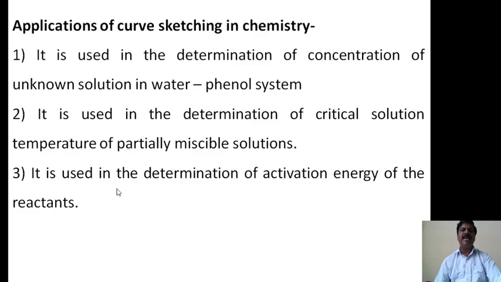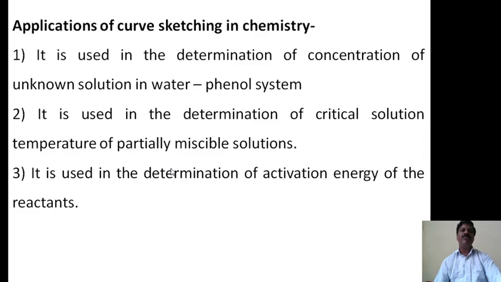The third one is the determination of the energy of activation of a reactant. For the energy of activation we will get a curve like this. This is the barrier for A plus B. A barrier should be present between the reactant and product. The product always has lower energy than the reactant. There is a hump of the barrier, which the reactant has to cross, and the height of the barrier is called the activation energy.